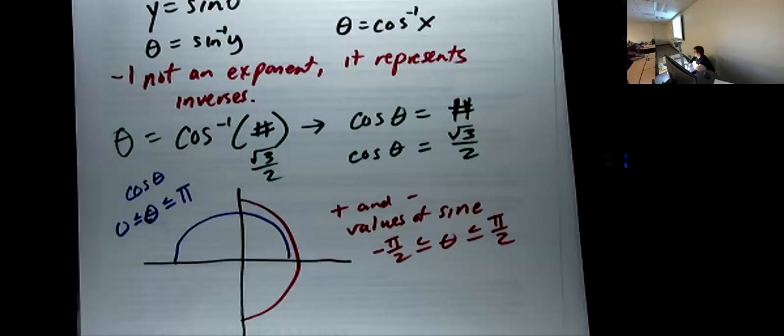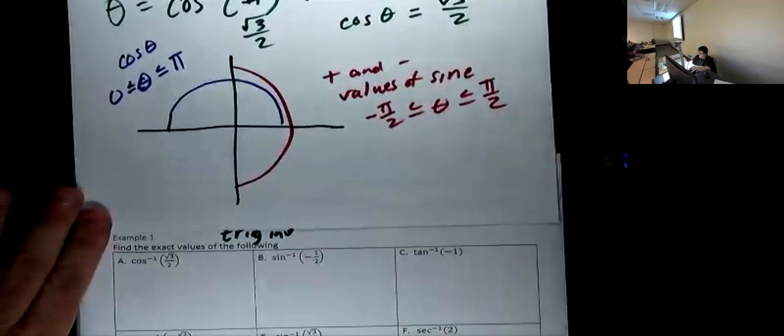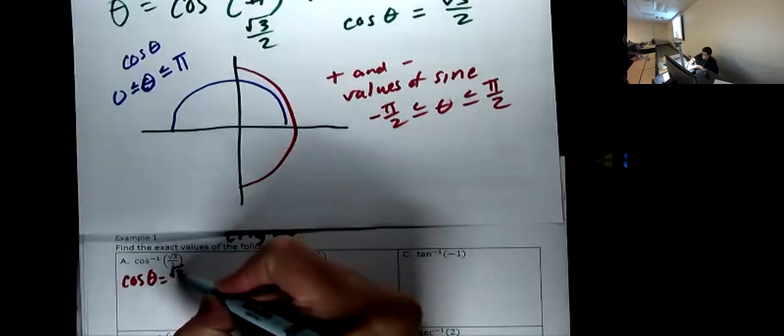Yes, for the cosine. So 11 pi over 6 would not be in that range. Correct. But pi over 6 is. That's right where I was going with that first question we're doing next. Exactly. So this is the equivalent of saying, where is cosine theta equal to root 3/2?